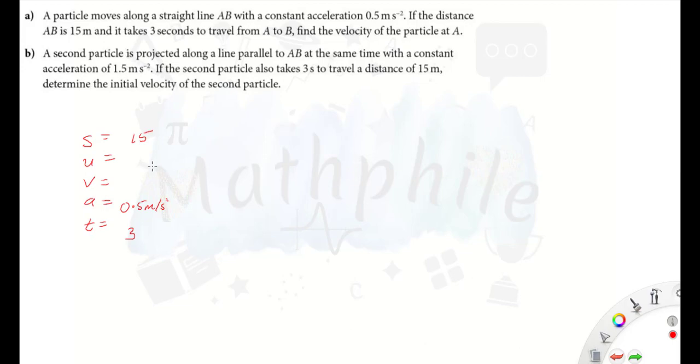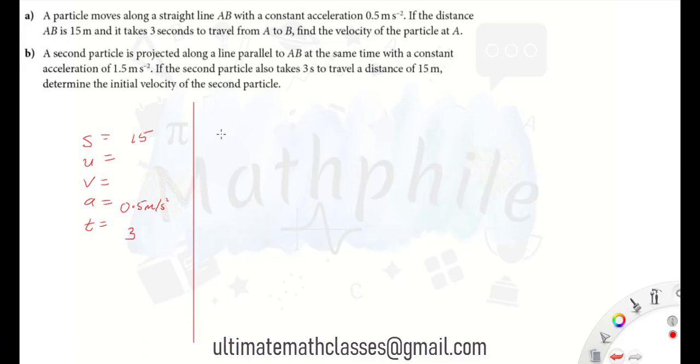So what are we looking for? The velocity at A. Is it u or v? Yes, so it's u. Oh, okay. So I can say that s equals ut plus half at squared.